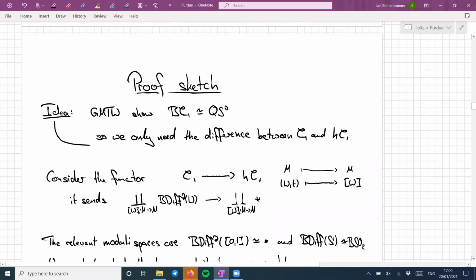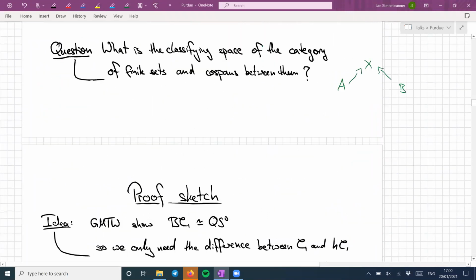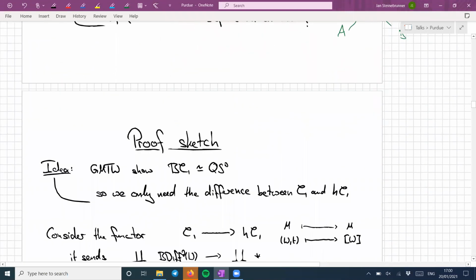All right, so this is now the proof sketch of that theorem. And the way it goes is, well, we already know from Galatius, Madsen, Tillmann and Weiss that in this topologically enriched category, we know what the classifying space is, and it's MTSO(1), with a shift that cancels out and so on.